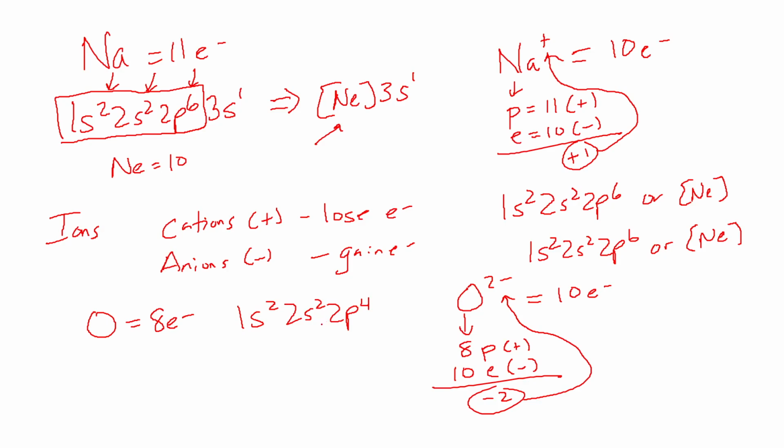They don't become the noble gas elements, but they become just like them in terms of their electrons, which makes them really, really stable. And that is what is known as being isoelectronic. So the sodium ion, neon, and the oxide ion are all isoelectronic with each other. They all have the same electron configuration.